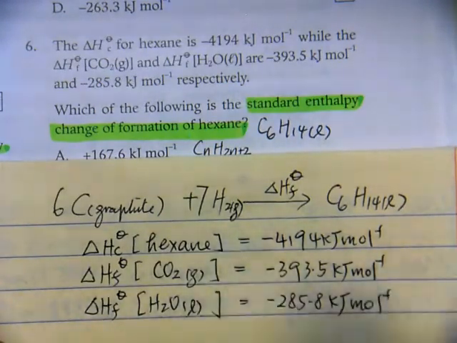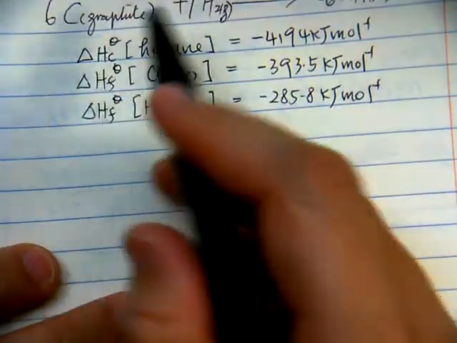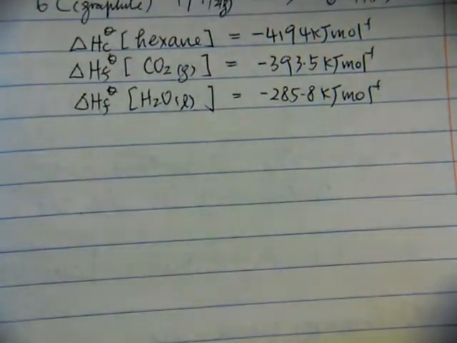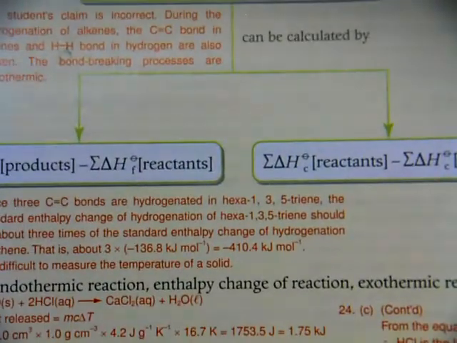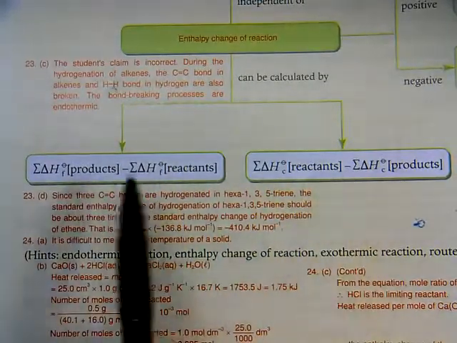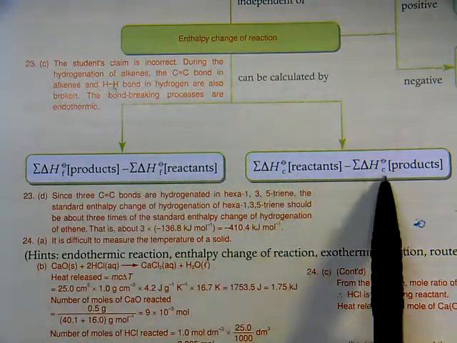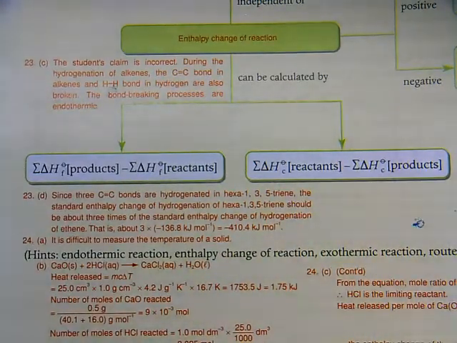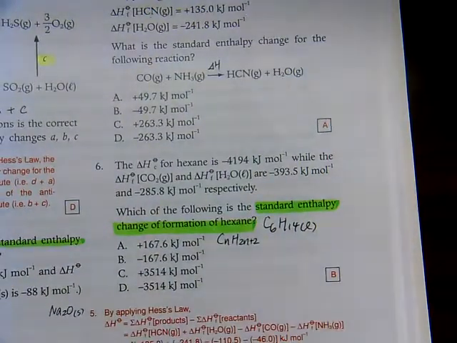Now look at the data. The data given, 2 of them are formation, 1 of them is combustion. Then we cannot use this equation, because while you're using this one or this one, all the data given must be formation, or all combustion, understand?